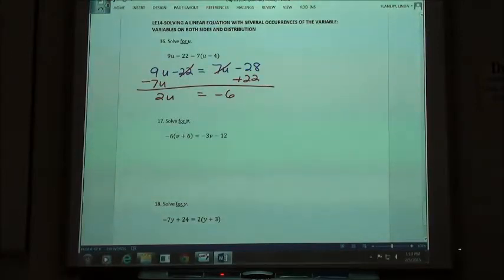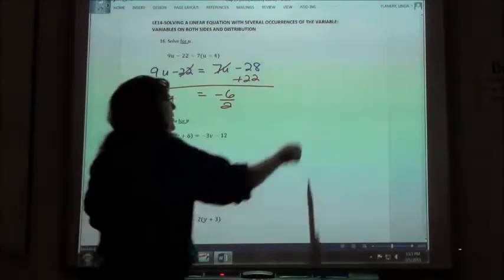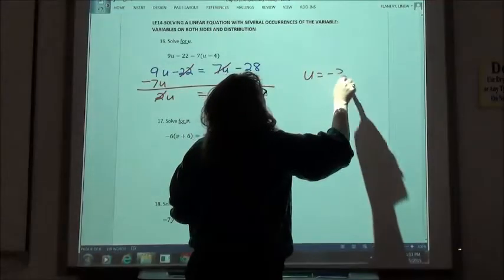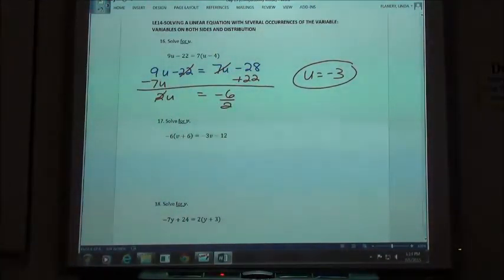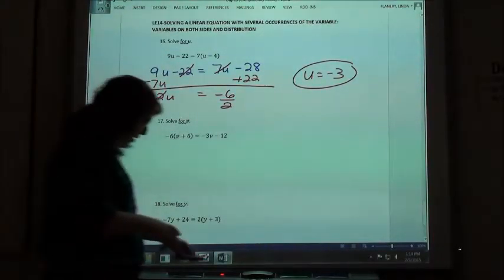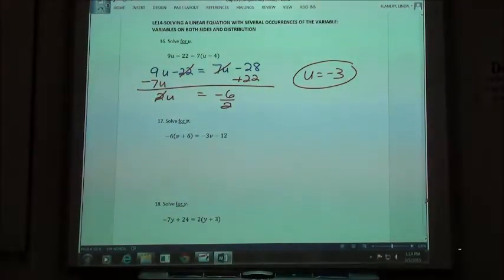So if I have 2u equals negative 6, to solve that I'm going to divide by my 2. u then is going to equal negative 3. So if I have variables and numbers on both sides, I'm going to move my variables one way, my numbers the opposite way. I could do it in 2 separate steps, but that's just more work, so I just do them in the same one.